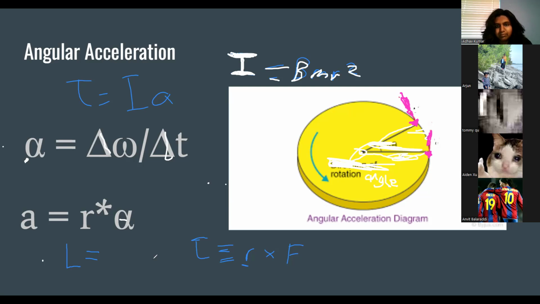Would that be the length of the moment arm? No, the moment of inertia, right? Yeah, moment of inertia. Right. So mass times velocity. So if I is our rotational analog for mass, what's our rotational analog for velocity?